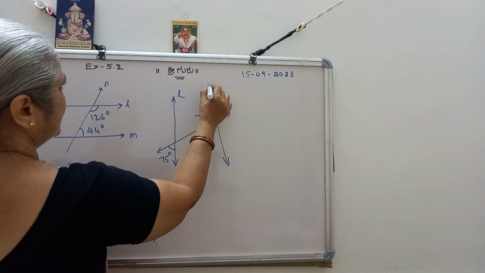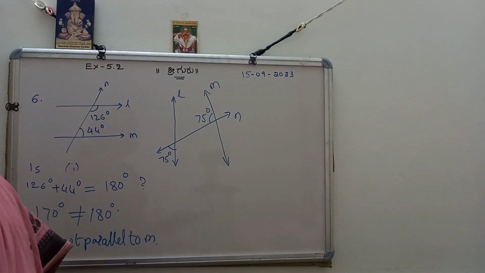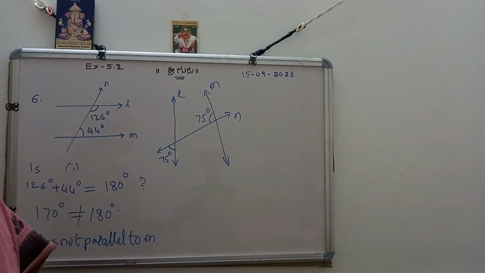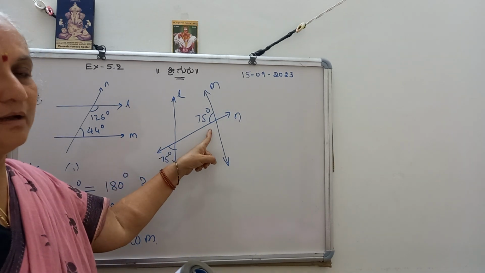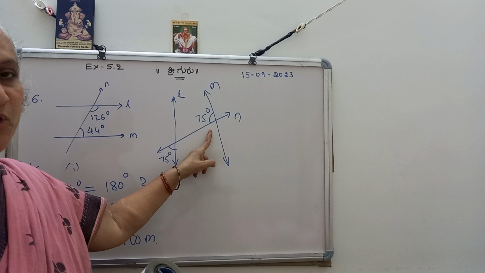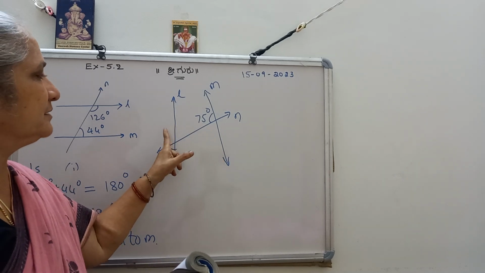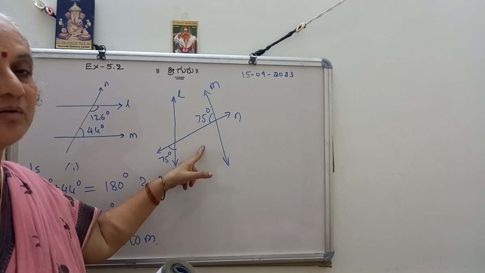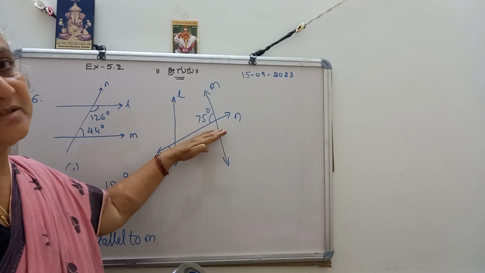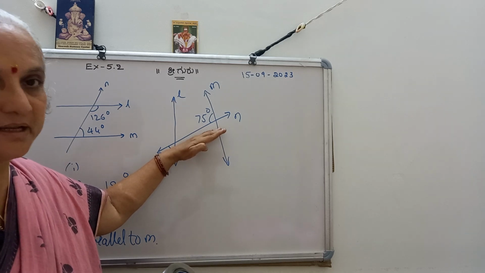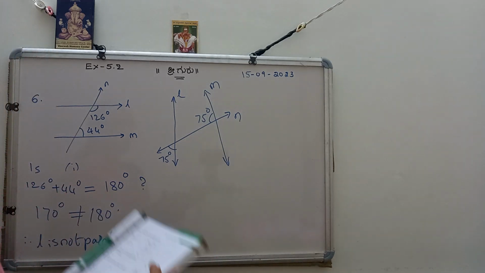This is L, M and this is N. For line L and line M to be parallel, the condition should be alternate angles should be equal, or pair of corresponding angles should be equal, or exterior alternate angles should be equal, or the interior angles on the same side of the transversal should be supplementary.